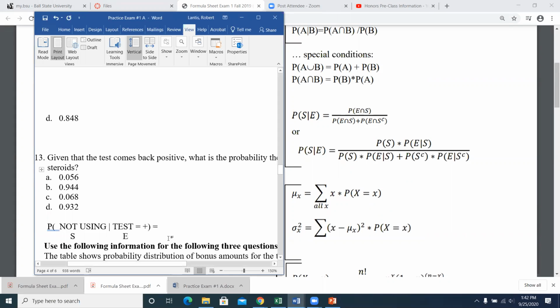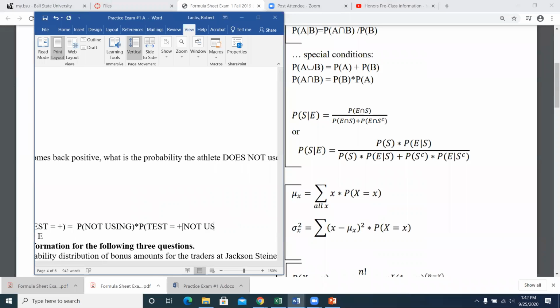So I'm going to take the probability of S, where my S is that they're not using, multiply that by the probability of E given S. My E is that the test comes back positive, given my S is that they're not using. I'm just writing this out using my example.